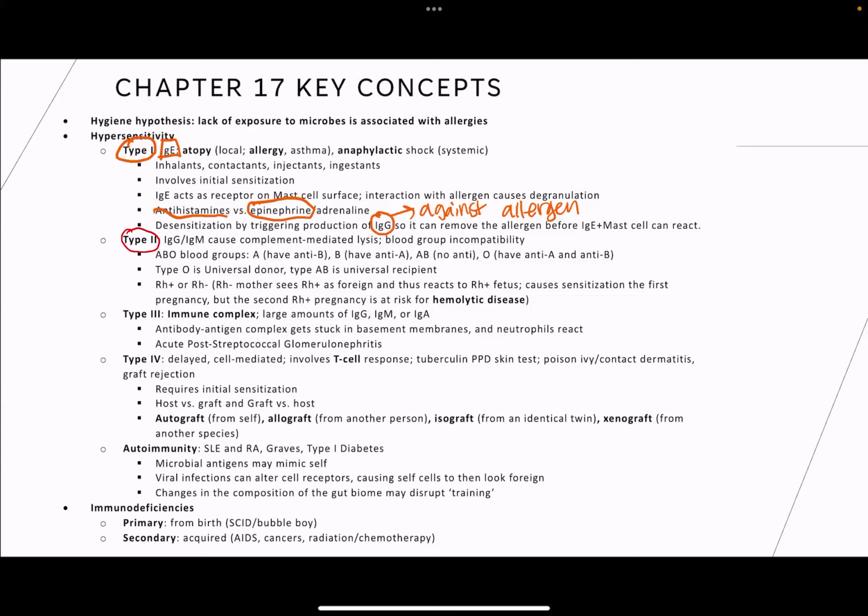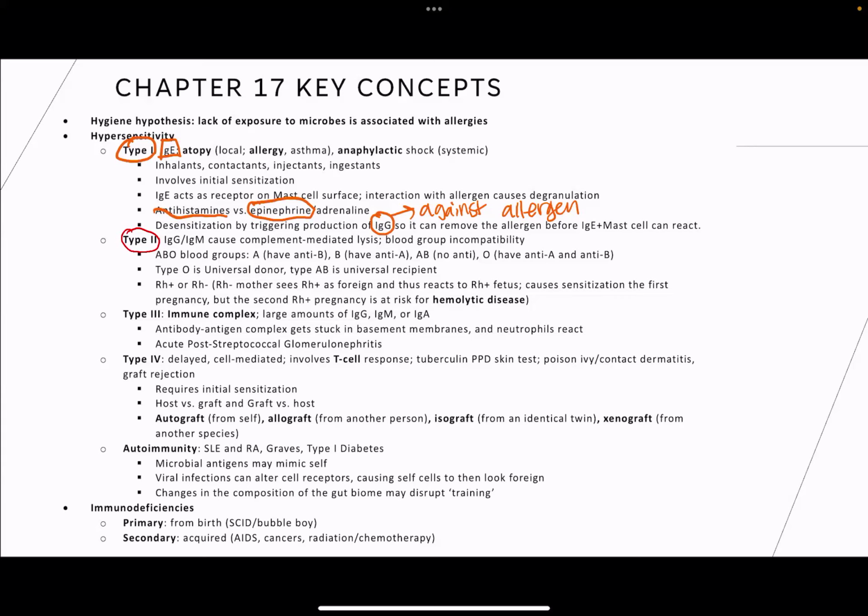On the exam, I will ask you questions relating to the type 2 hypersensitivity stuff. So I will ask questions like, if your blood type is A, can you get type B blood? No, because A people will have anti-B antibodies. B people have anti-A because A looks foreign to them.